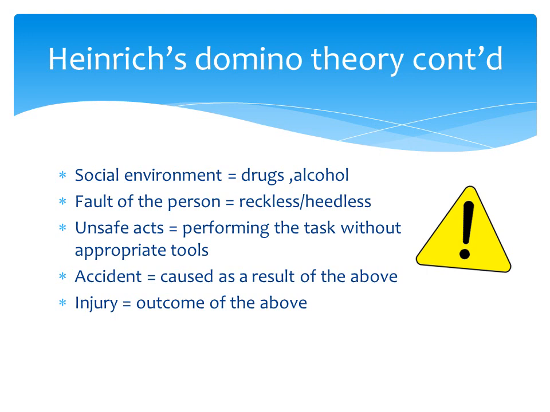The fault of the person, for example, he or she is reckless, heedless, careless at work, they don't watch what they're doing. The unsafe acts, for example, performing the task without appropriate tools, poor planning. The accident which is caused as a result of the above, and obviously the injury which is the outcome.